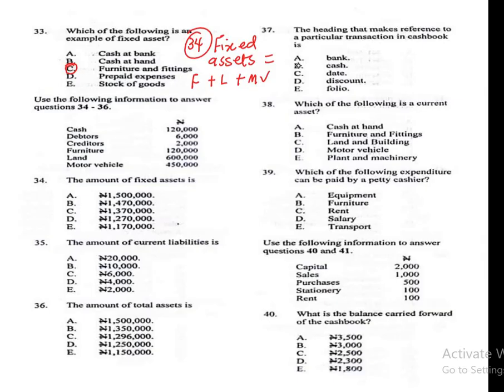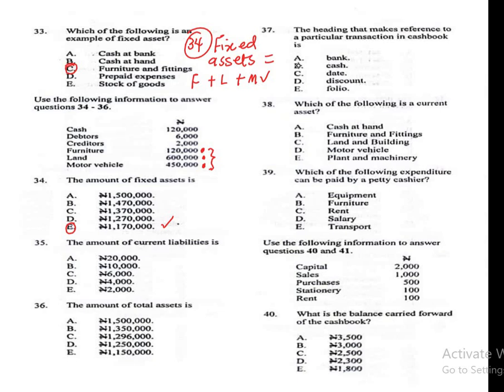The furniture is 120,000, the land is 600,000, and the motor vehicle is 450,000. So the fixed assets is just these three values. If you add them together, it will give you option E, which is 1,170,000, which is the answer.